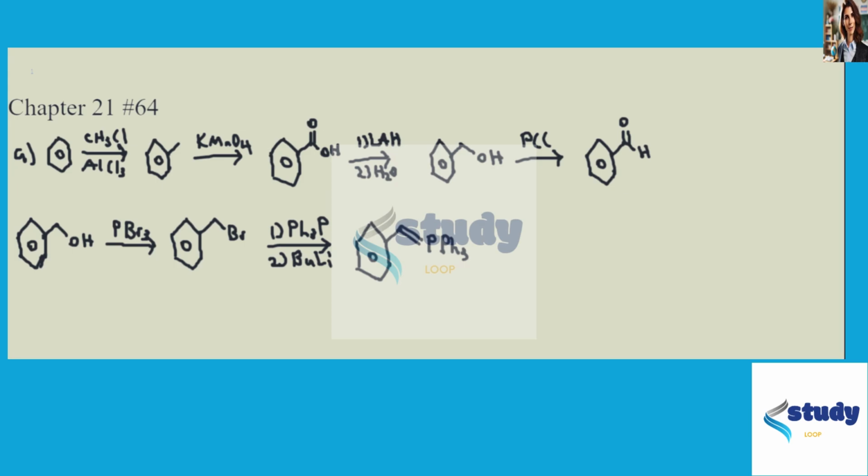Okay, and now all that we have to do is combine the Wittig reagent that we just made with the aldehyde that we made right above it. And that's going to give us our final product. Ph3P plus aldehyde gives us the final product.